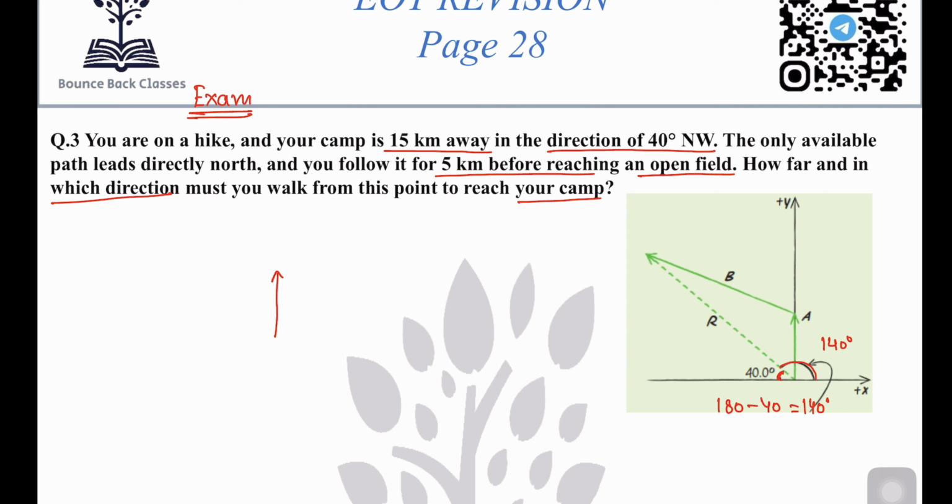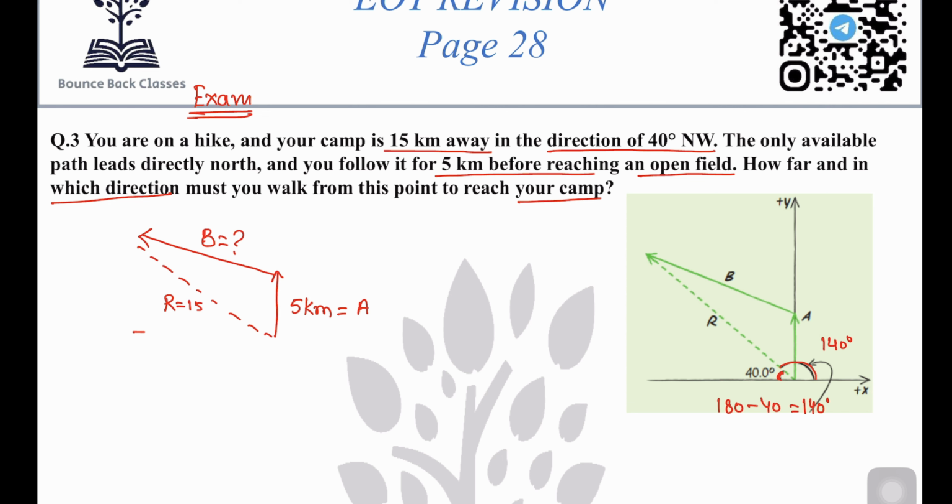This is A, which is going exactly straight up, 5 kilometer. This is your B, which we don't know, and it is joining like this. This is your R, which is given as 15. Till here clear?